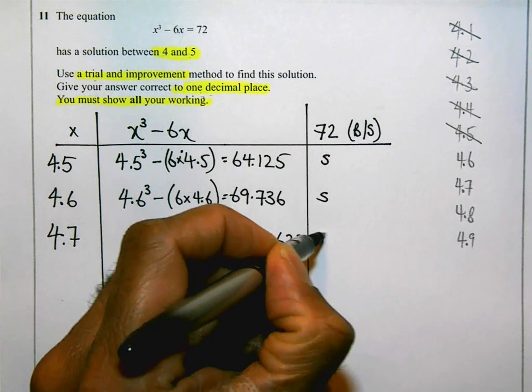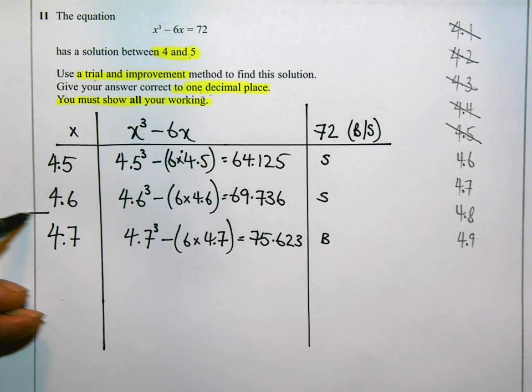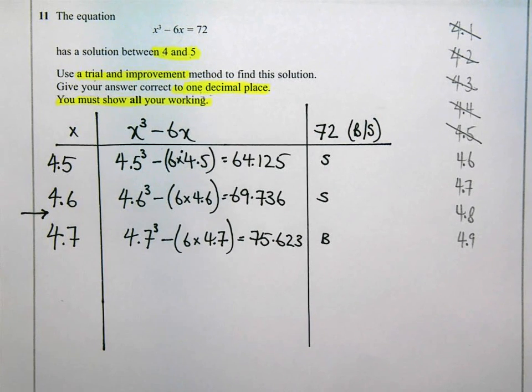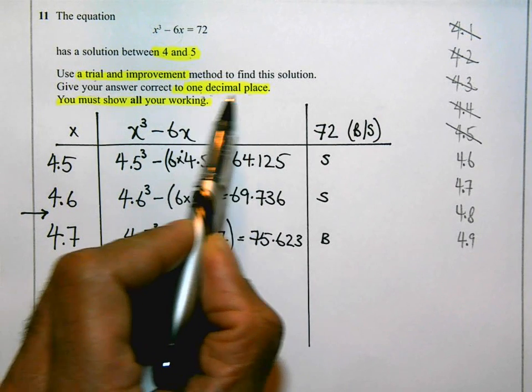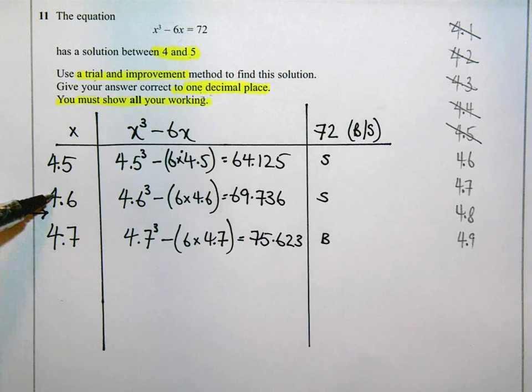Now that means that my answer is going to be somewhere in between there, but the question wants me to give the answer to 1 decimal place. That means either of these are going to be my answer.